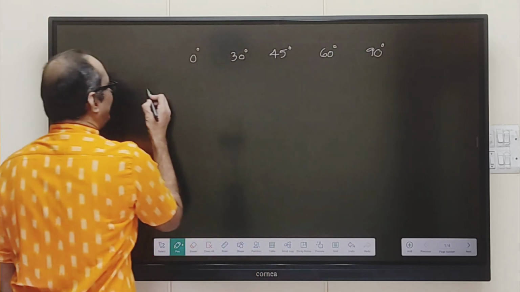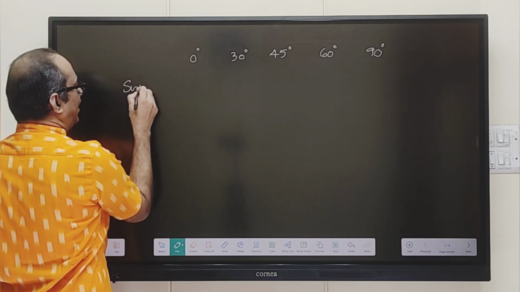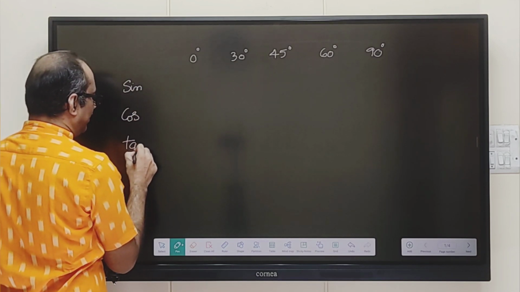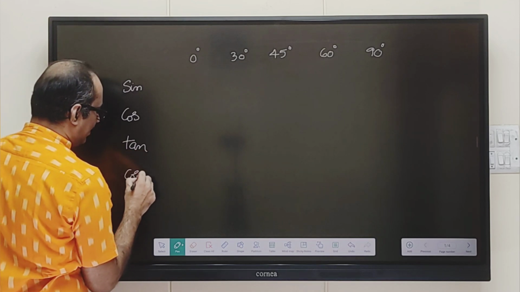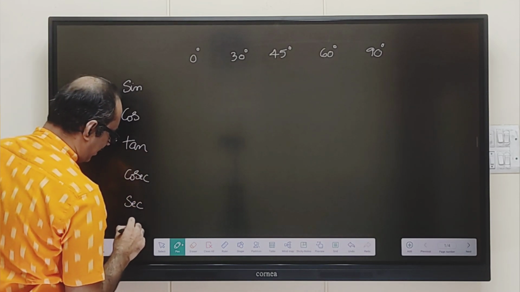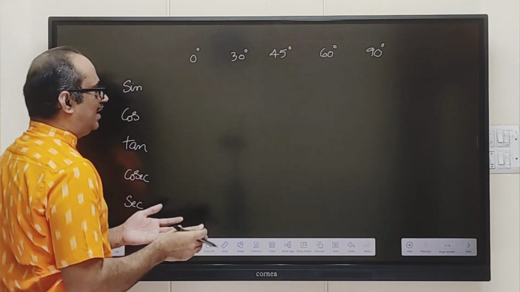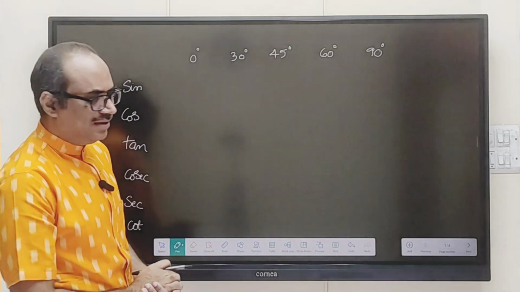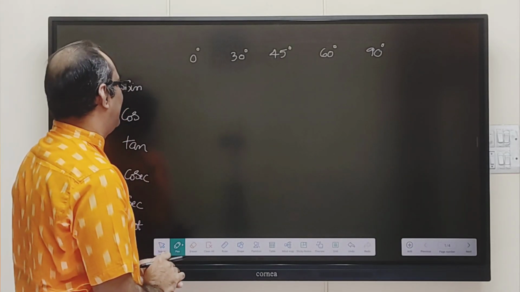And here we have our trigonometric ratios: sine, cos, tan, then cosecant, then secant, and then cot. First I'll give you the table, then I'll also give you a shortcut to remember it, which is generally discussed in most of the textbooks.